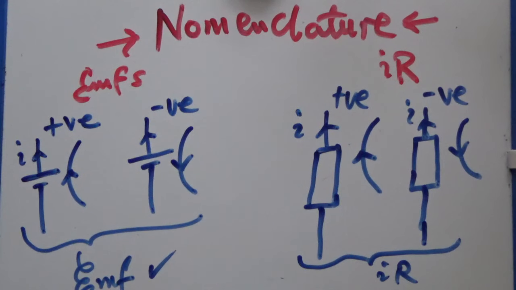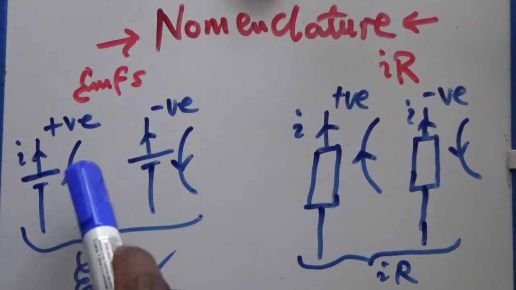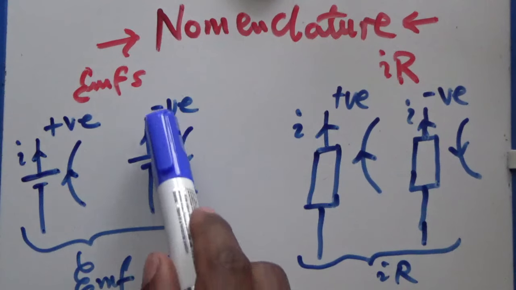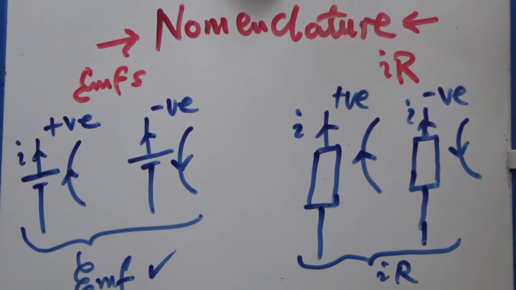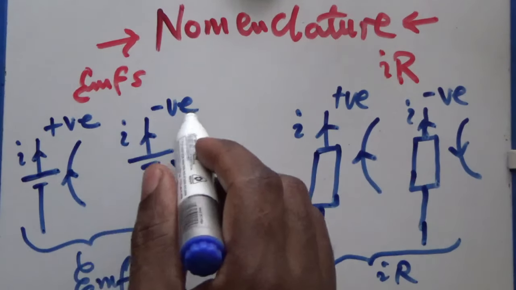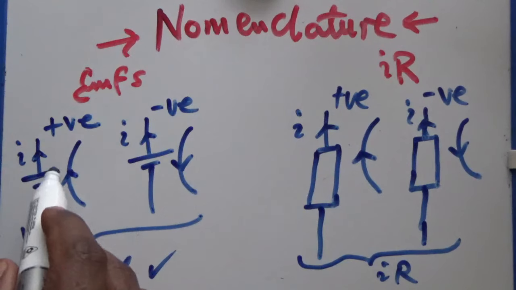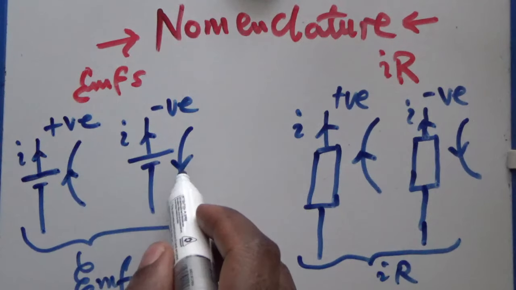If the current through the resistor is opposed to the loop, it becomes negative. If the current from the battery is in the same direction as the loop, then we have positive EMF. If the loop is opposing the current I here, then we say that our EMF is negative. Then we sum these, taking care of those which become positive and those which become negative.